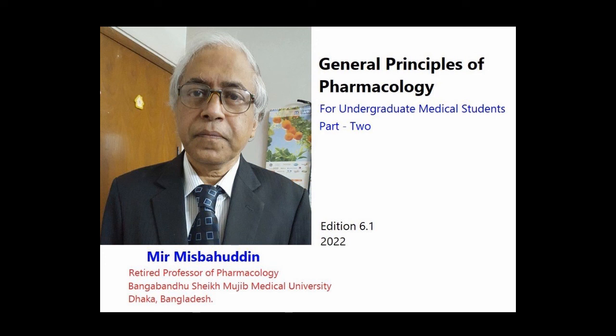Dopamine receptor antagonists are chlorpromazine, domperidone, pimozide, and haloperidol. Like dopamine receptor agonist and antagonist, others are cholinoceptor agonist and antagonist, adrenoceptor agonist and antagonist, histamine receptor agonist and antagonist, 5-HT receptor agonist and antagonist, etc.